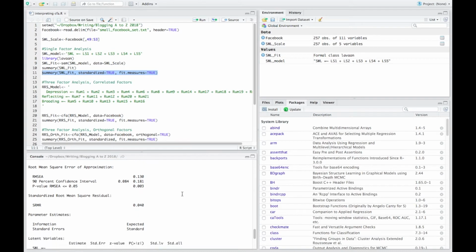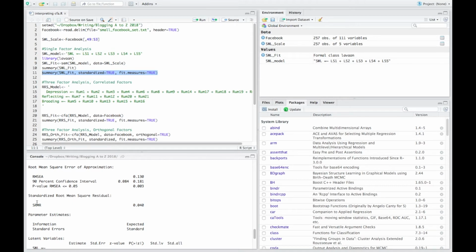So then the two other things that I look at are the RMSEA, the root mean square error of approximation, and the SRMR, the standardized root mean square. Both of these are based off of differences between your observed data and what the data would look like if it fit the model.